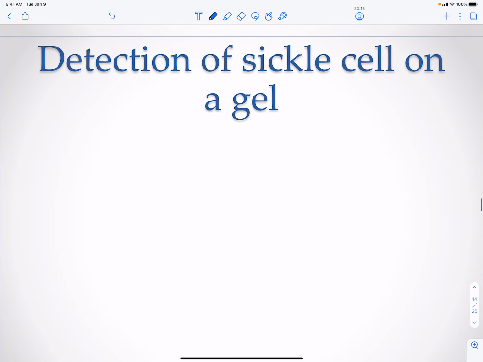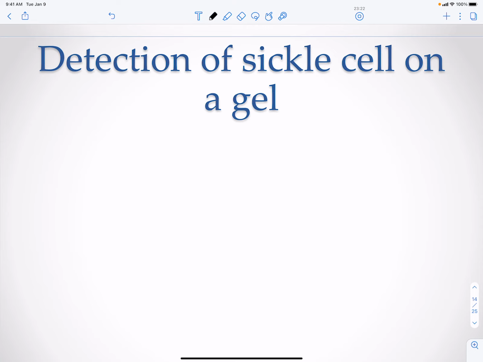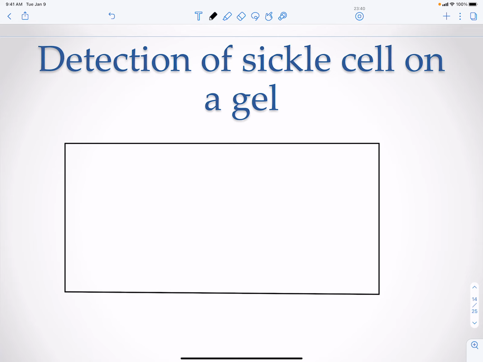Now, a really easy way to detect hemoglobin S is to run a gel electrophoresis. Gel electrophoresis is where you basically have a charge across an aqueous solution, and you immobilize proteins in a gel, and then they will move across the gel based on their charge.